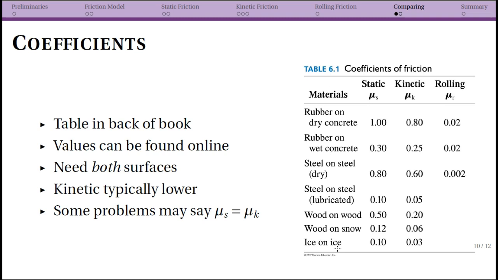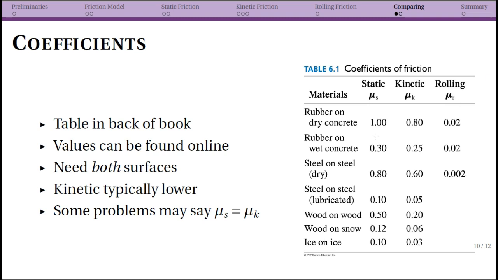This is a fairly short list, but I think all of the problems coming out of the book will probably only use these. Don't feel like you need to memorize these. If I ever give you a test problem, for instance, that requires coefficients of friction, I would give you a small table to the side, or I would just tell you explicitly what values to use.